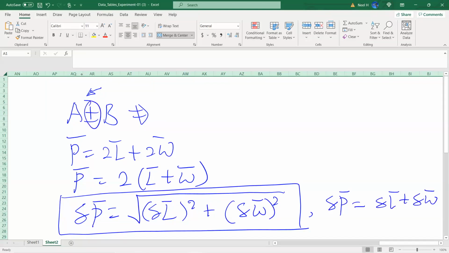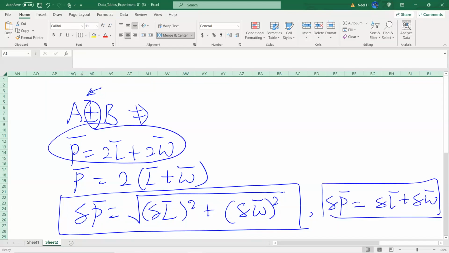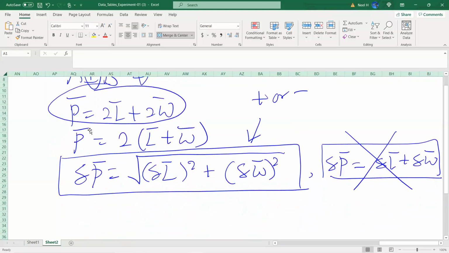That's why we have to square everything to get the positive and then do the error calculation accordingly. If I write it this way, which means I'm considering only positive, it will not match every single case. So that's why we're not going to use that. We're going to use the general version here, which matches positive or negative, it doesn't matter. It's going to be the same equation. Okay, question.